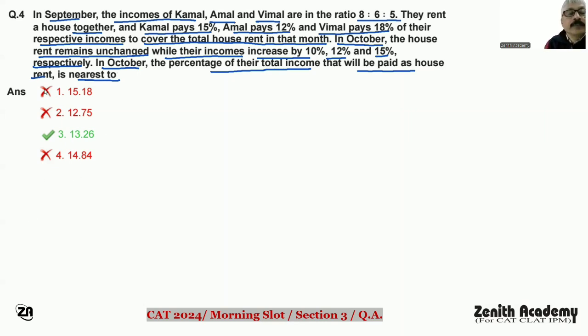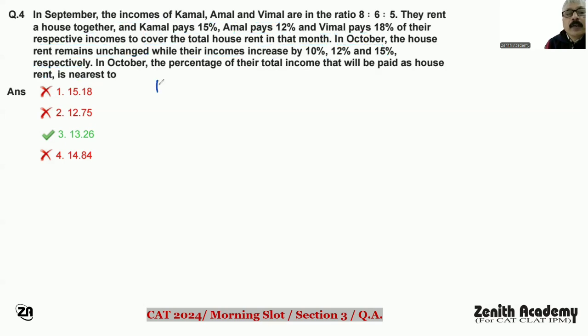So here, Kamal, Amal, Vimal. The ratio is given, 8 is to 6 is to 5. So suppose Kamal's income is 8x, and Amal is 6x, and Vimal is 5x.